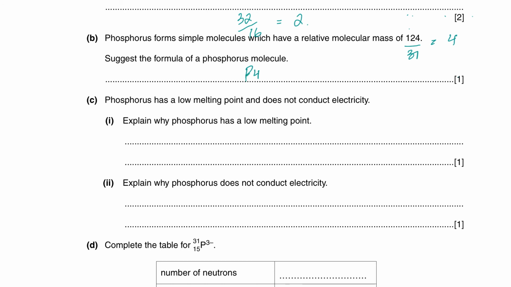Phosphorus has a low melting point and does not conduct electricity. Explain why phosphorus has a low melting point. Because it's a simple covalent molecule. It's just 1 mark, so we don't have to talk too much, because it just has weak forces. But I'll go the extra mile.